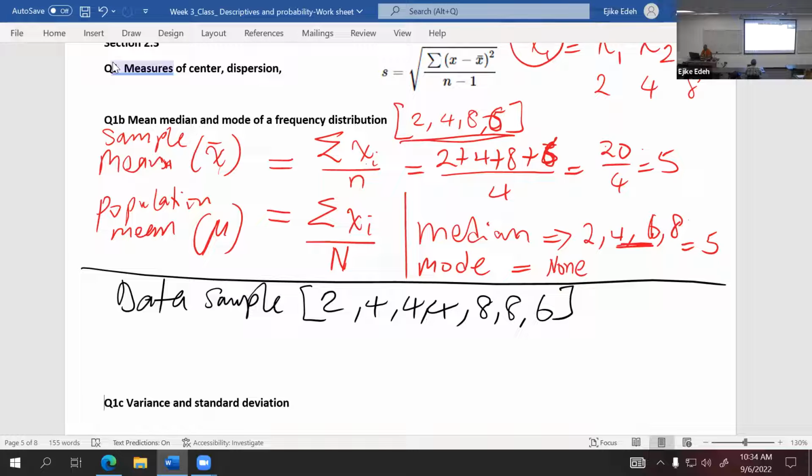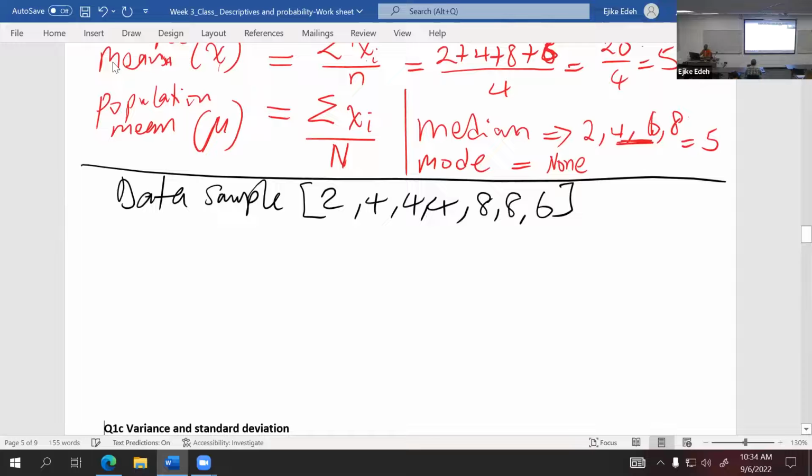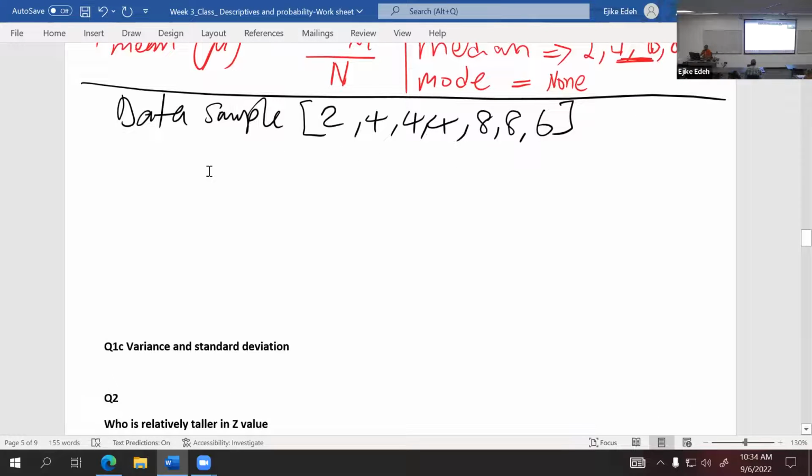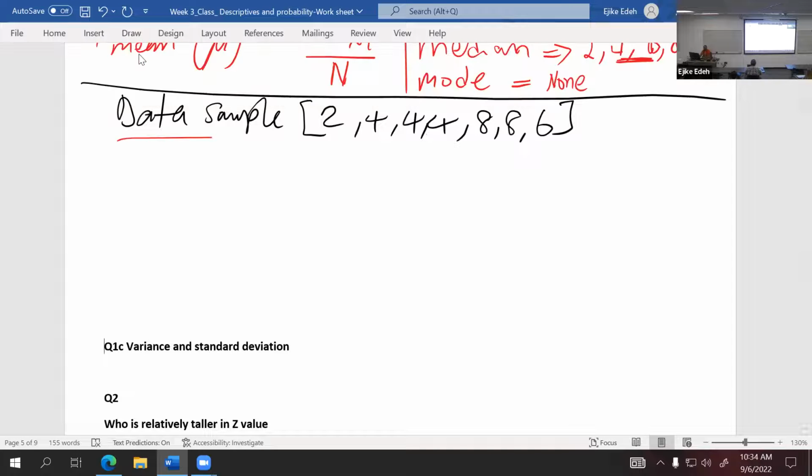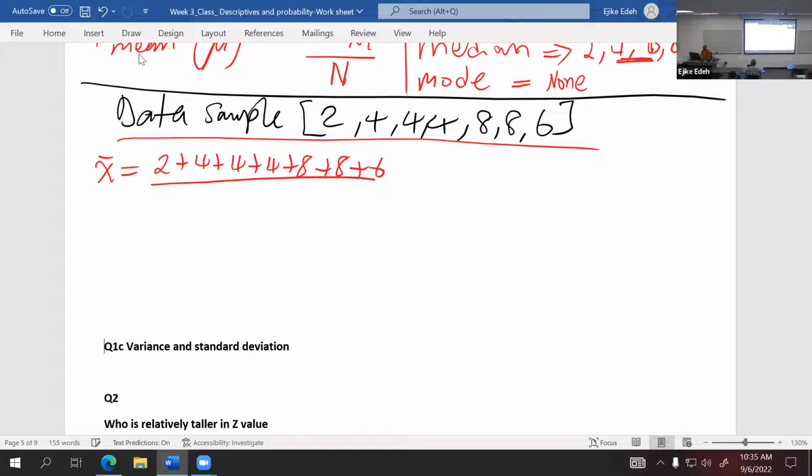So if we have this and we are going to solve for the mean, we have this simple data point and we're going to calculate the mean. Then the sample mean will be 2 plus 4 plus 4 plus 4 plus 8 plus 8 plus 6, divided by 7.